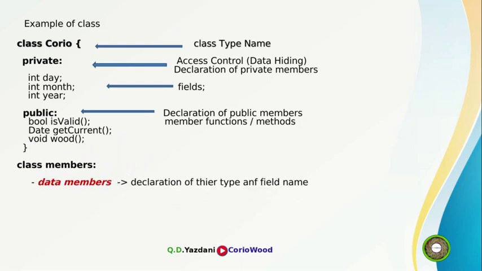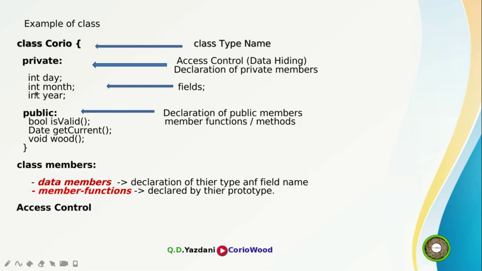Class members are the data members, the declaration of their type and field name. So as I said to you guys, those are the data members. And member functions are declared by prototype. So these are the member functions, and these are the data members. That's a class member. Two things to remember in a class are class members and access control.